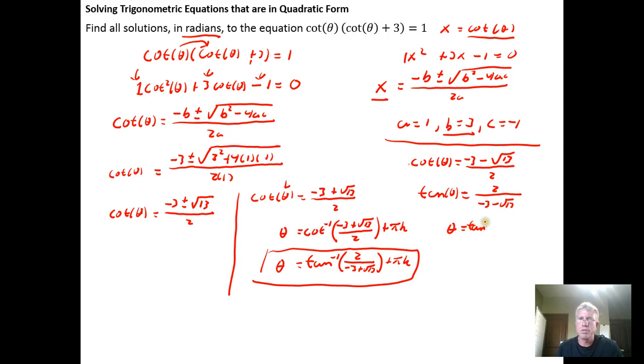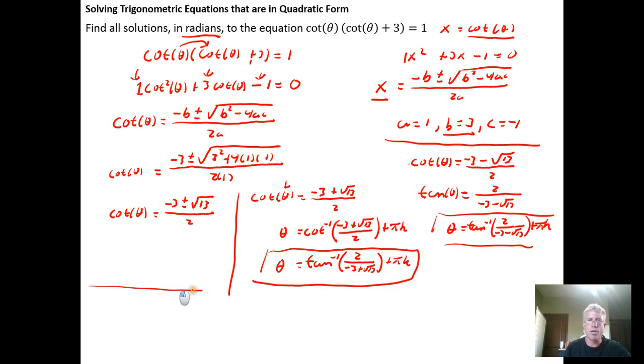So we get tangent inverse of 2 over negative 3 minus the square root of 13. And the tangent function has a period of pi radians, just like the cotangent function does. So this is one angle, but we want all angles, so we're going to go plus pi times k, where k is any integer. So here's the other solution.